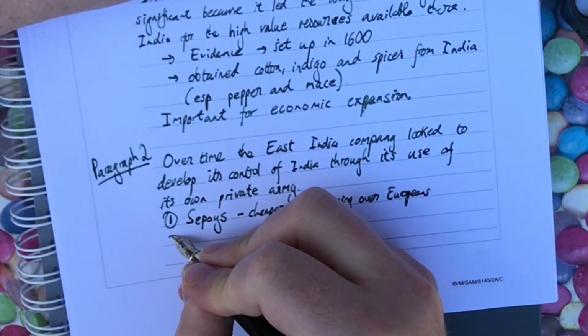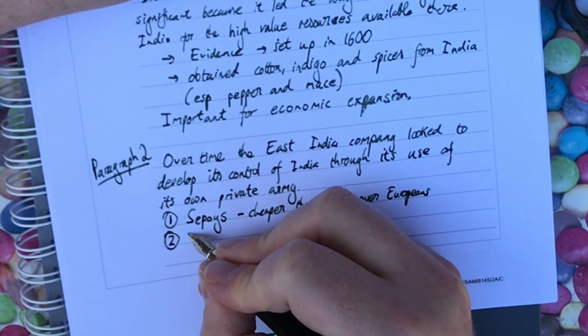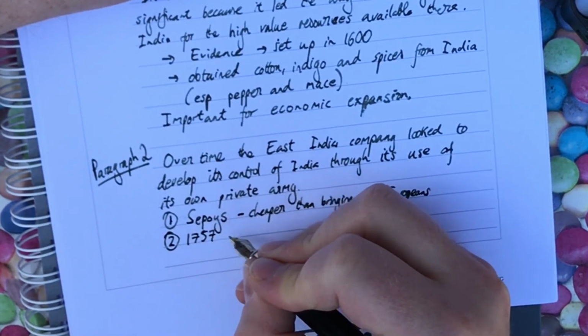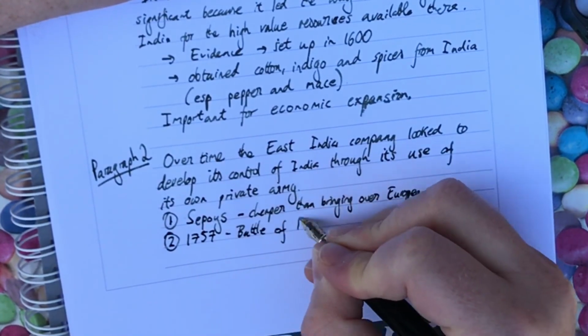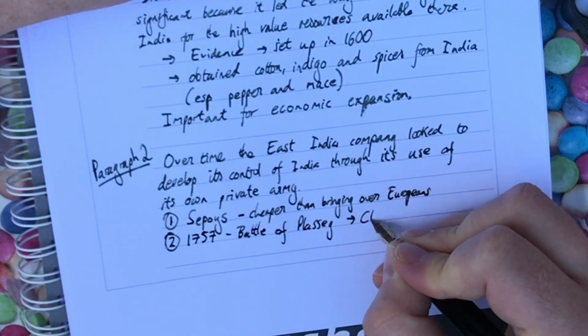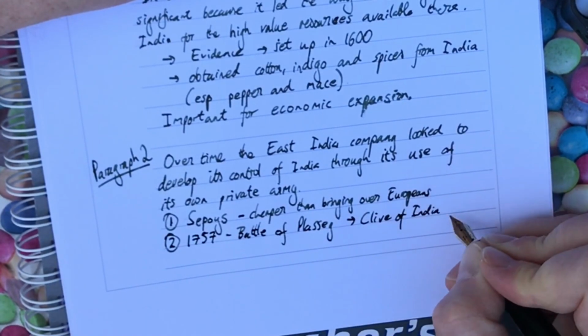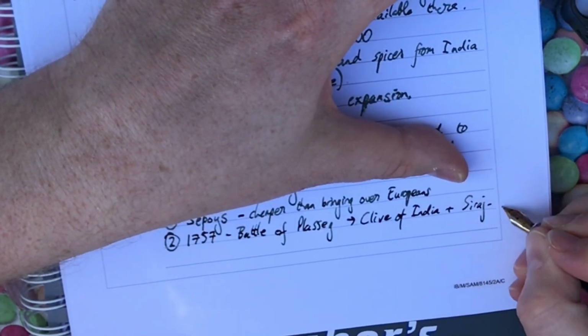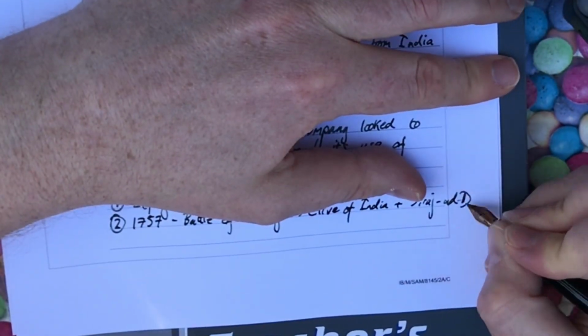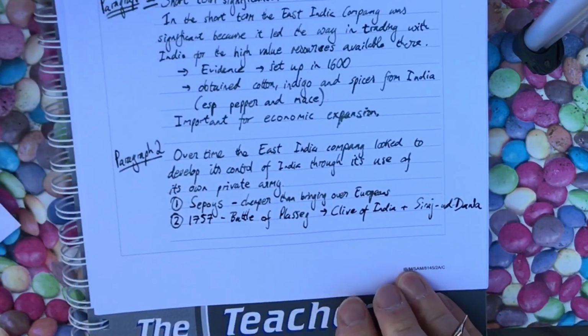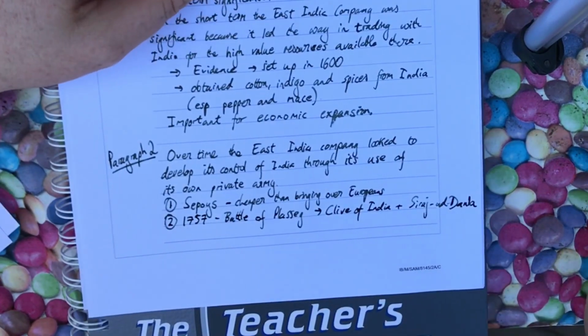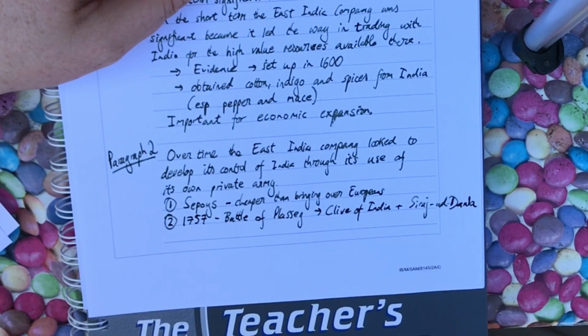We might also talk about, number 2, 1757, and Clive's defeat of Siraj ud-Dowlah in 1757.